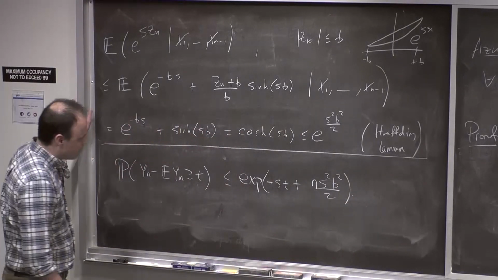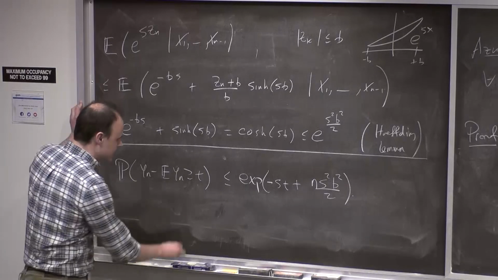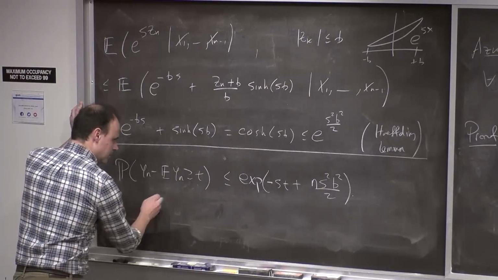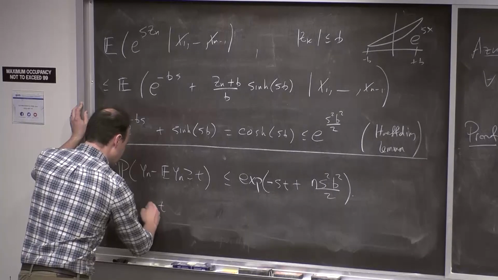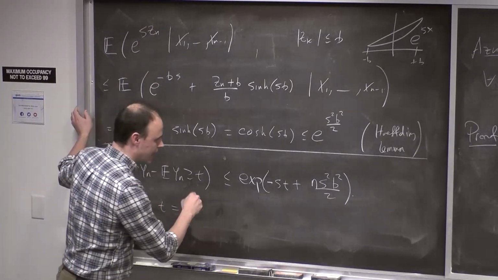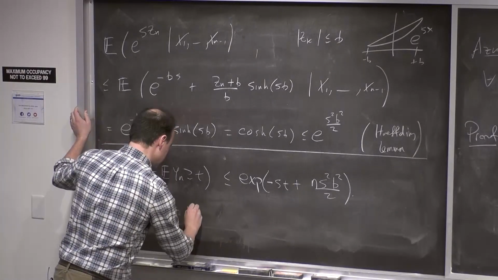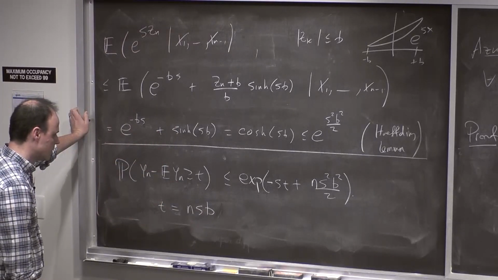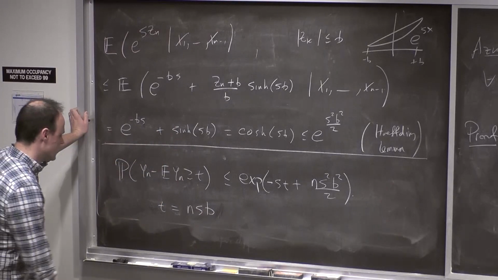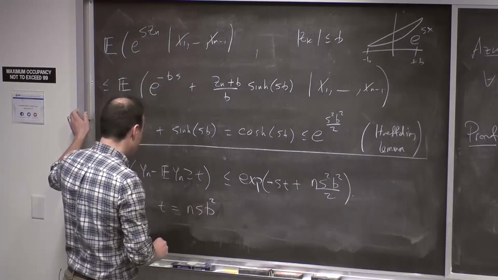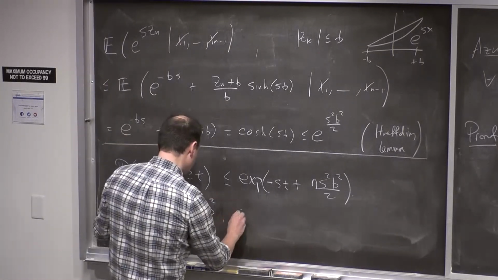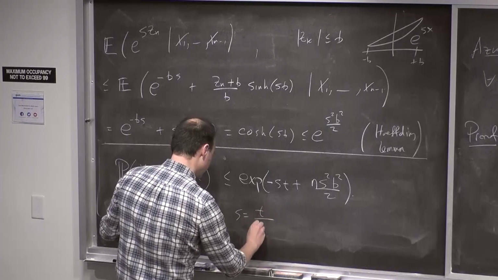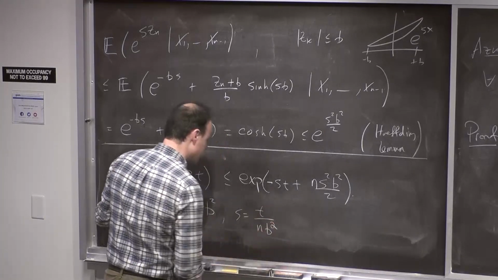And again, what do we get if we optimize over s? You get t equal to nsb squared, thank you. And this means that s is equal to t over nb squared.